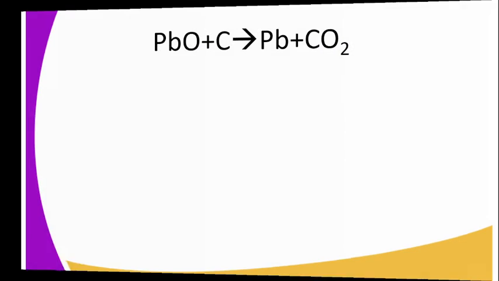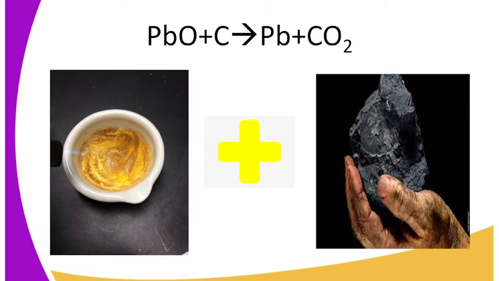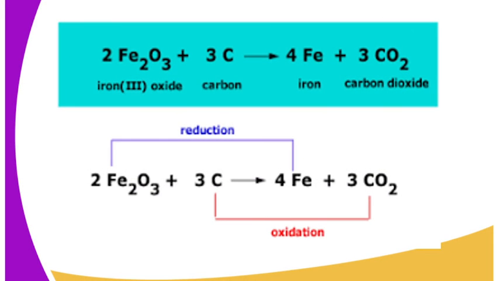Carbon reacts with lead oxide to form lead metal and carbon 4 oxide. That's one of the properties. It is a reducing agent. Iron 3 oxide reacts with carbon to form iron and carbon 4 oxide.